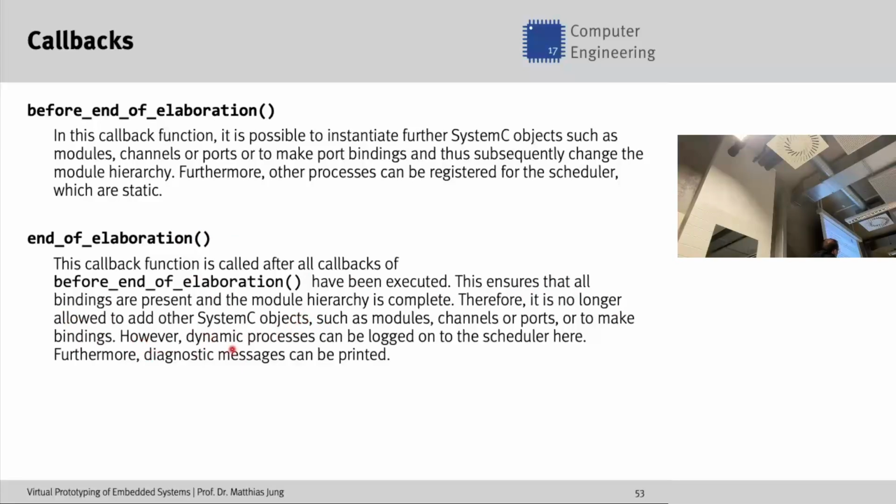But you can create dynamic processes, as we have learned before. And also some diagnostics can be printed here, for example. Then you know what your simulation actually is, how many modules you have, and you can maybe print out the structure of your simulation.